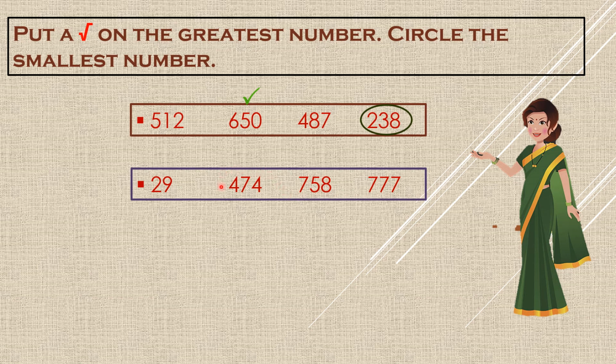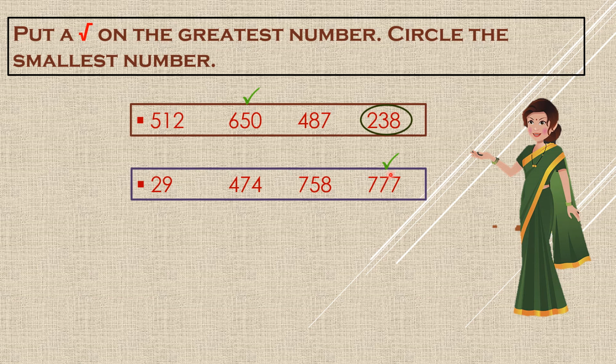So we are not seeing this number as the greater number. Let's see the other two numbers. 758, 777. Hundreds digits are same. Coming to the tens, 5 and 7. Here 7 is bigger. So 777 is the greatest number.